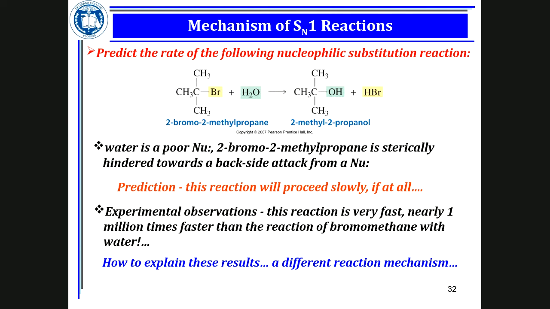Okay. So we said that tertiary alkyl halides don't go through substitution reactions. This is a tertiary alkyl halide, but experimental observation shows that this reaction actually goes fast. Because it goes fast, it contradicts everything we learned about substitution reactions before knowing anything about the SN1 reaction.